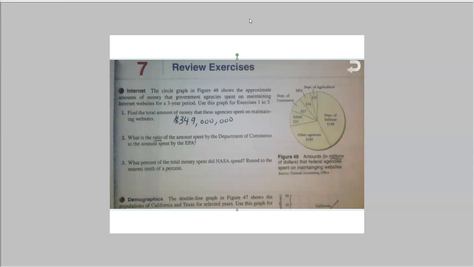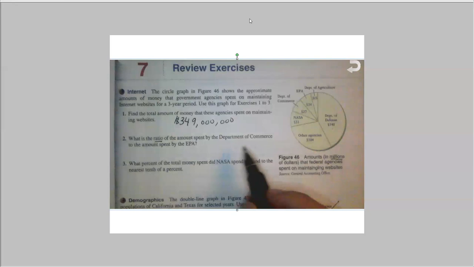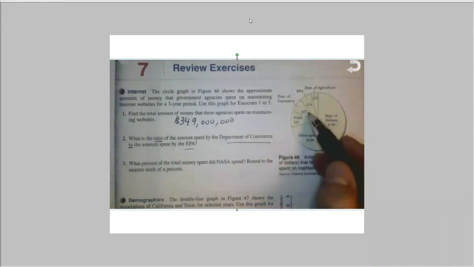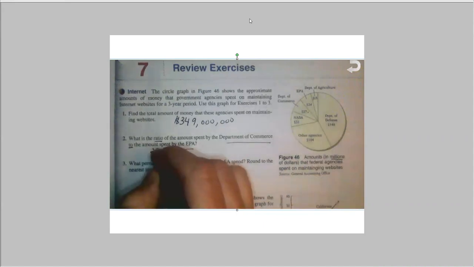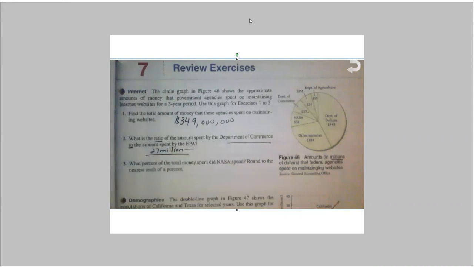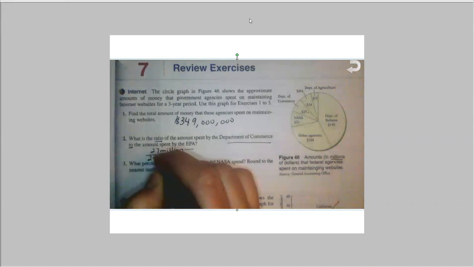So the ratio of the amount spent by the Department of Commerce to the amount spent by EPA. So that's how I'm going to set it up. It's very important that you set up a ratio in the order that it asks for. So the Department of Commerce spends $27 million, okay? I'm just going to write that out, $27 million to EPA spends $24 million.